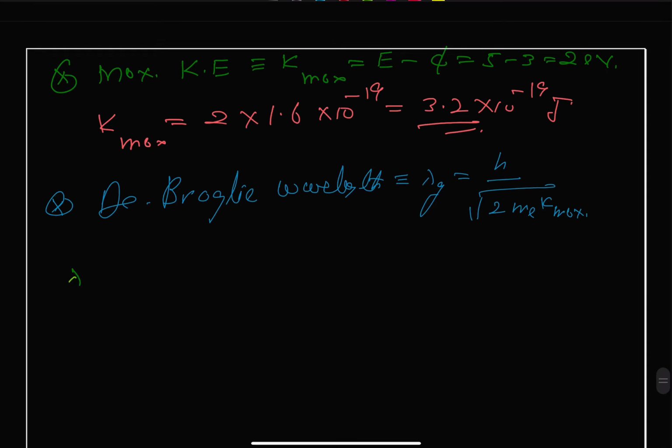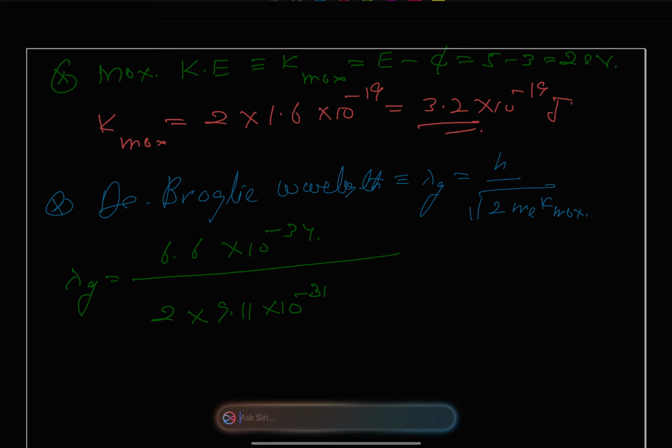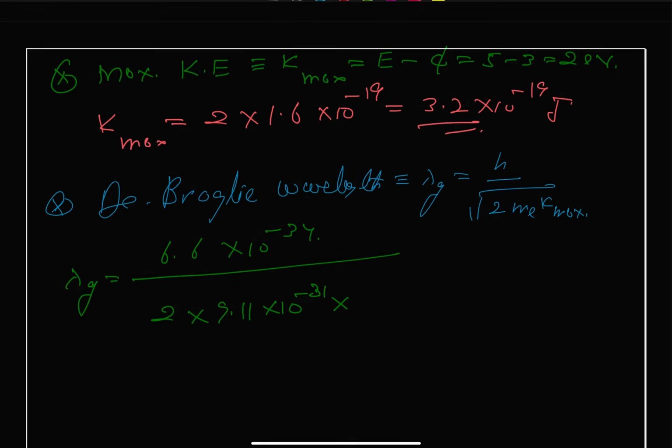Therefore lambda g is equal to h, which is 6.6 into 10 to the power minus 34, over the square root of 2 into mass of electron, 9.11 into 10 to the power minus 31, multiplied by energy 3.2 into 10 to the power minus 19. So we get the De-Broglie wavelength approximately equal to 8.68 into 10 to the power minus 10 meters.